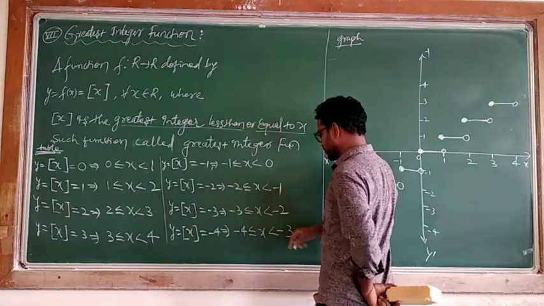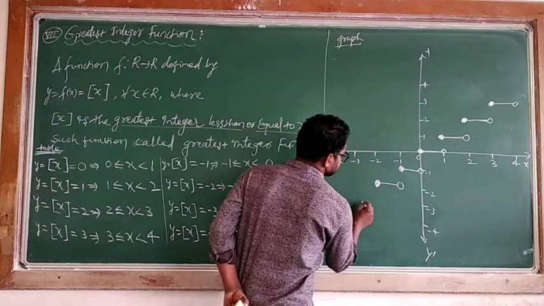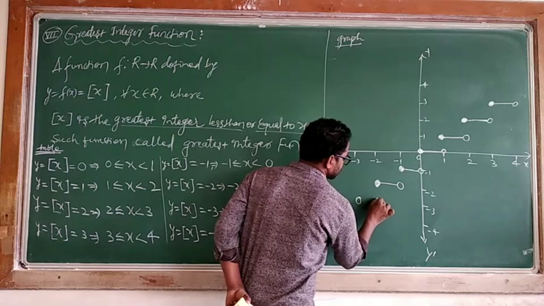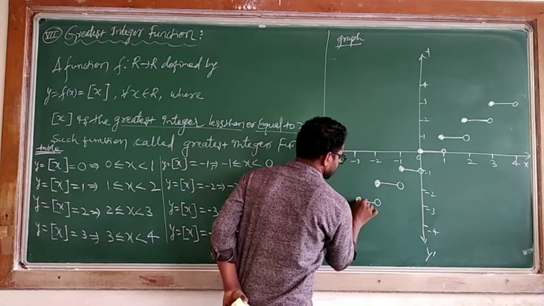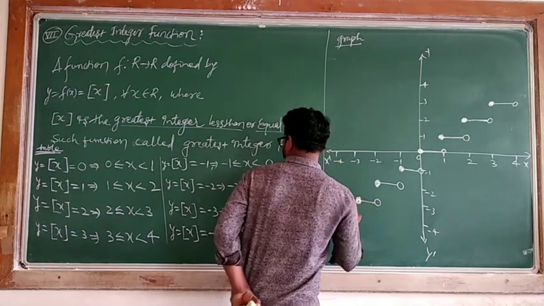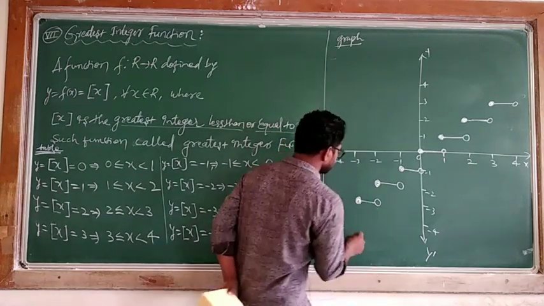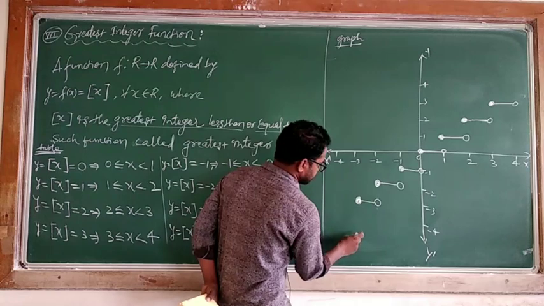Then minus 3 to minus 2 gives minus 3, included. Minus 4 to minus 3 gives minus 4.